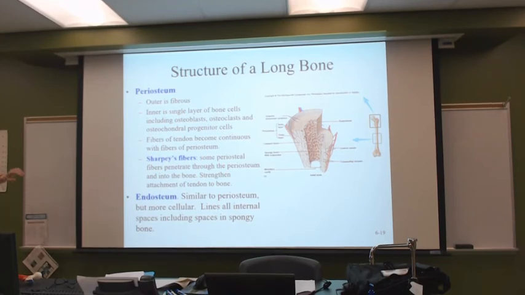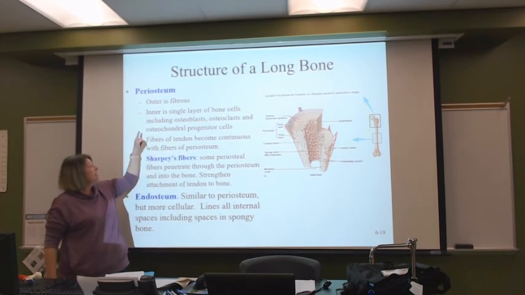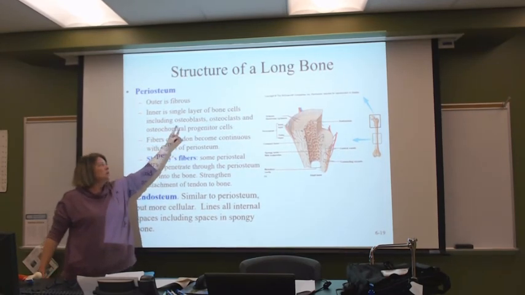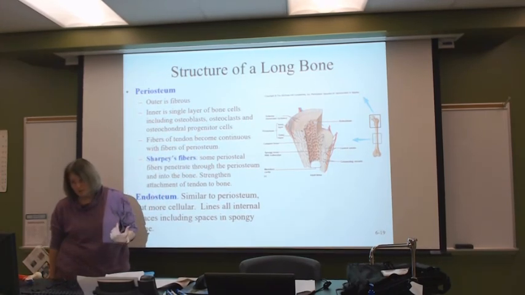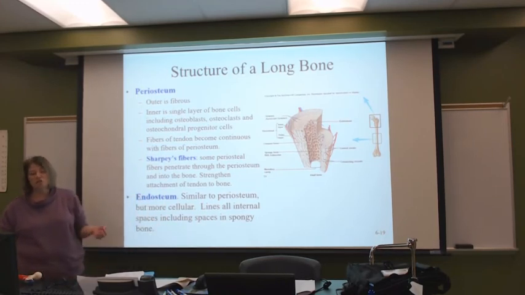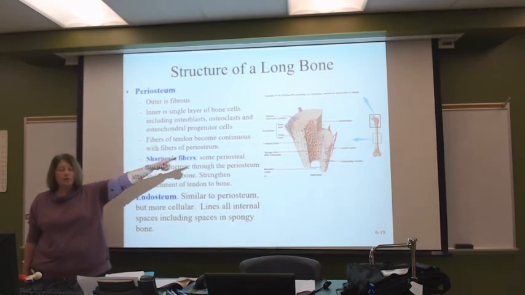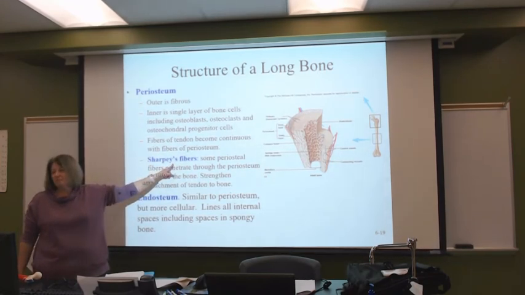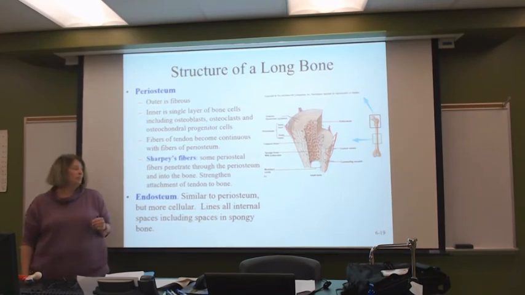So it contains osteoblasts, osteoclasts, osteochondral progenitor cells, my stem cells. Those are known as the stem cells for the bone and the cartilage. Those fibers, Sharpey's fibers, penetrate into the bone, helping keep the attachment close to the bone.